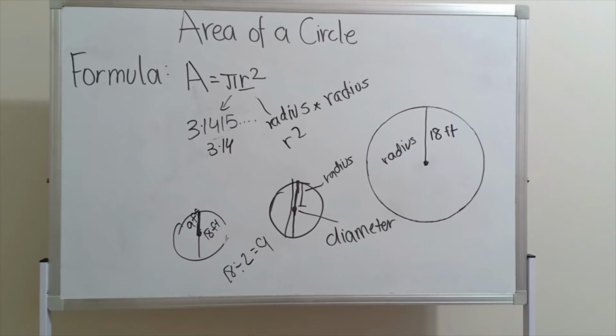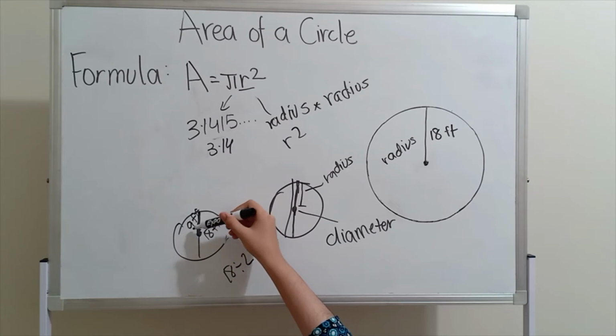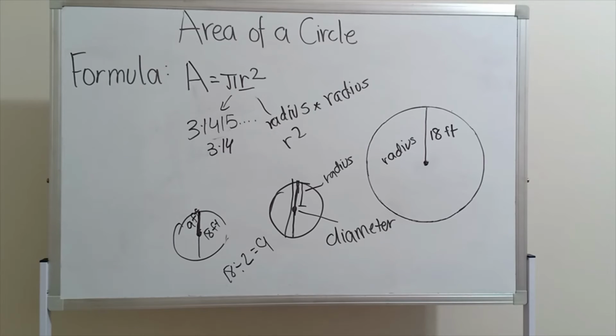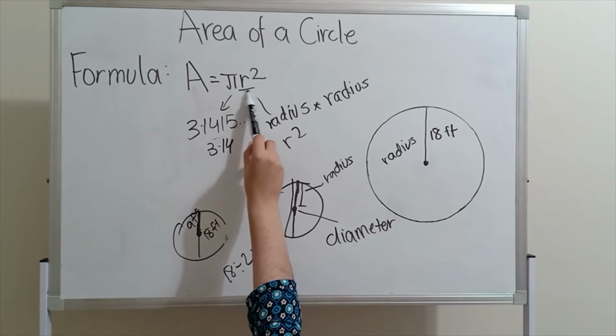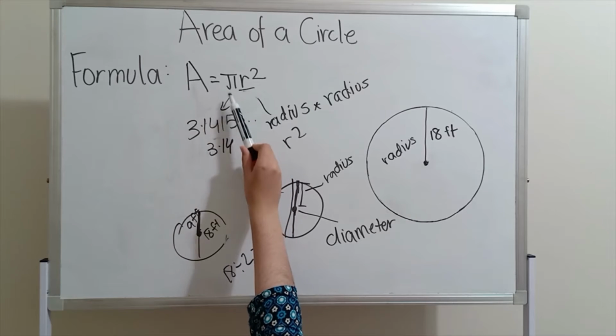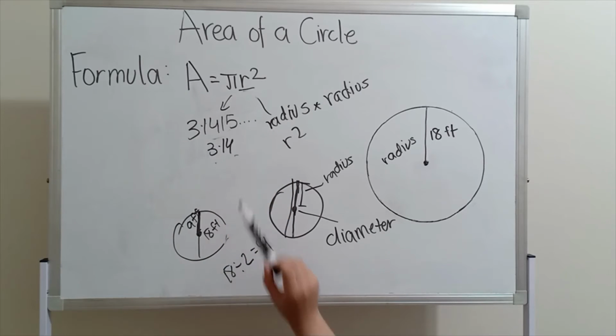So let's say we have the radius of 9 feet. Now to find the area, we are going to first multiply 9 times 9, so we will complete this part, r squared, and then we are going to multiply it by 3.14. So that is the order we are going to solve this formula in order to find the area of a circle. So now let's move on with our first question.